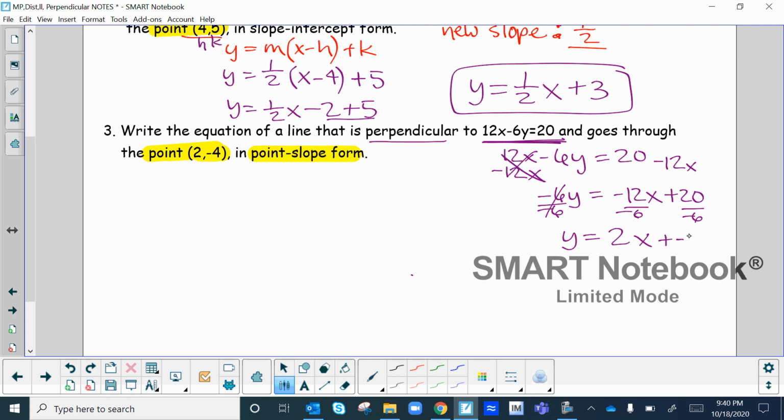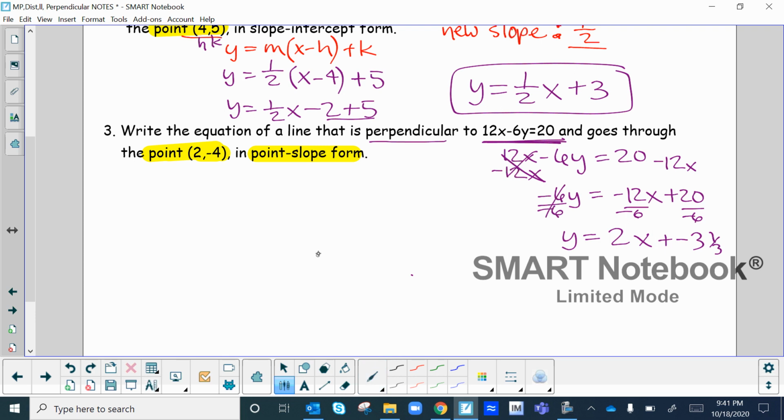So negative 3 1/3. Okay, and you could write 0.33 if you want, but I like to leave it as fractions.